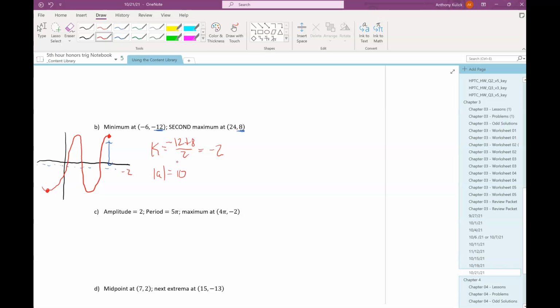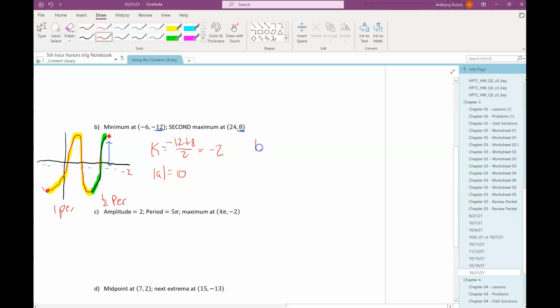Next thing I'm going to do is figure out my value for C. So I'm going to look at my picture and see how many periods I've drawn of my graph. From here to here is 1 period, right? And then I have also from there to there. So that green part is half, right?